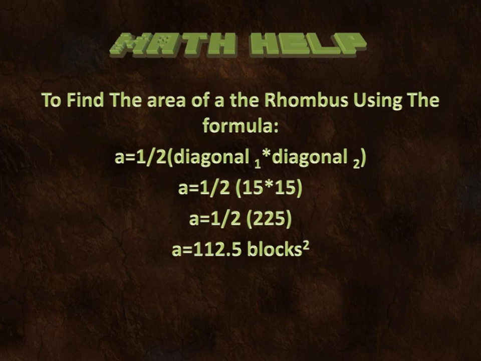So you'll plug your numbers in. Diagonal 1 equals 15 and diagonal 2 equals 15. Diagonal 1 times diagonal 2 equals 225. 15 times 15 equals 225. So 1/2 of 225 equals 112.5 blocks squared. And that is how you find the area of a rhombus.